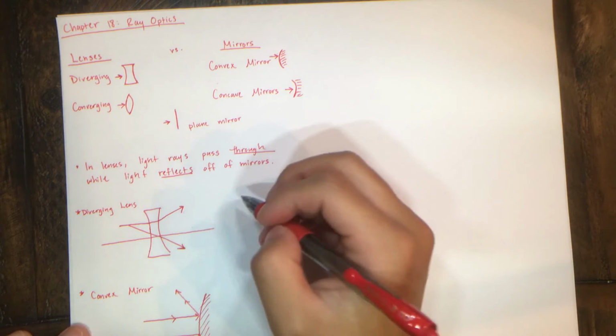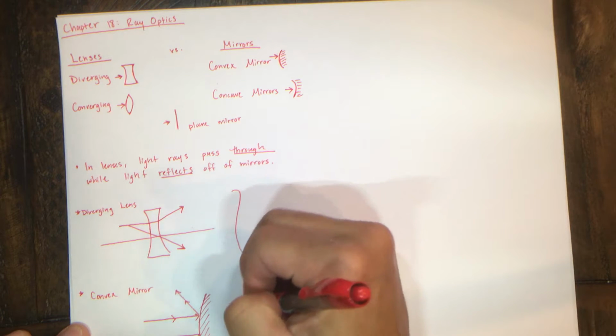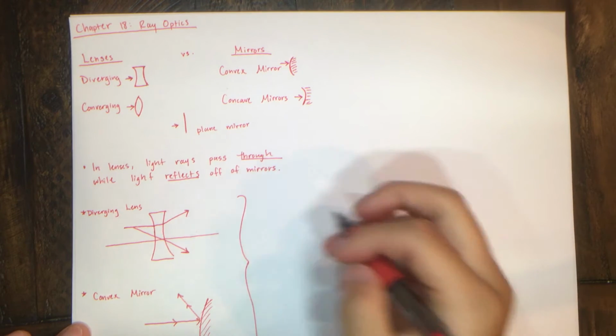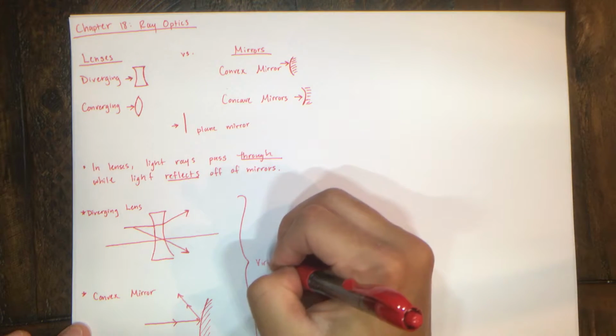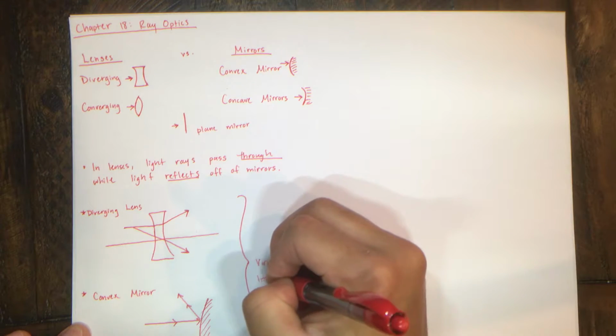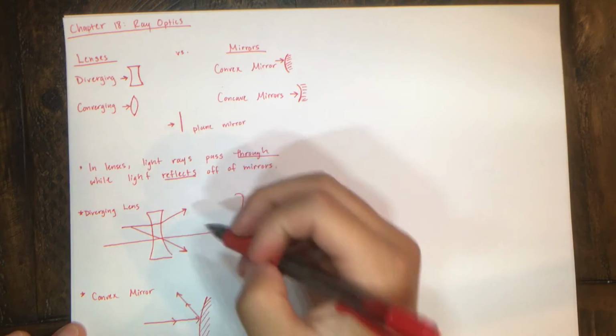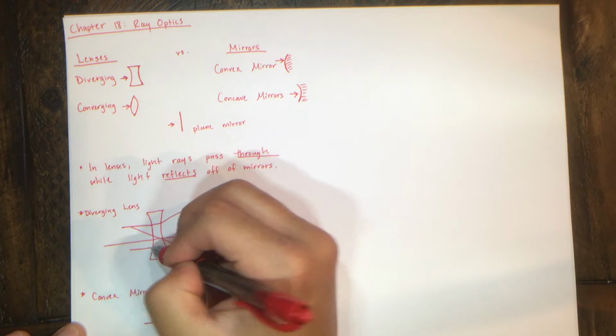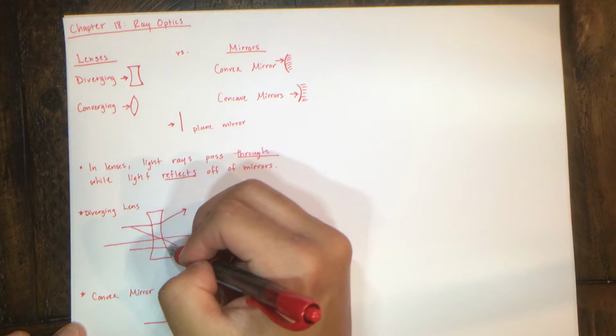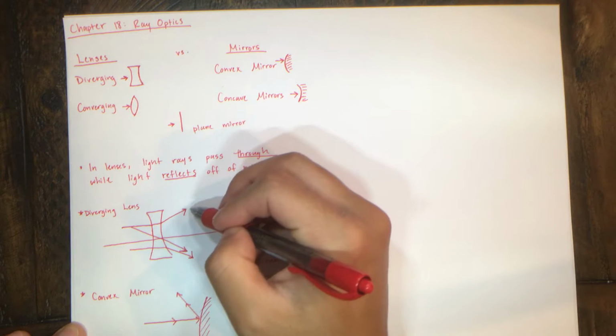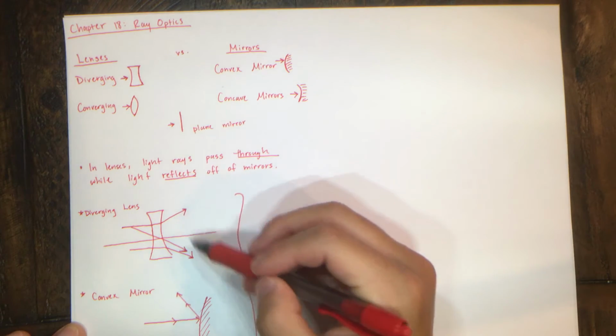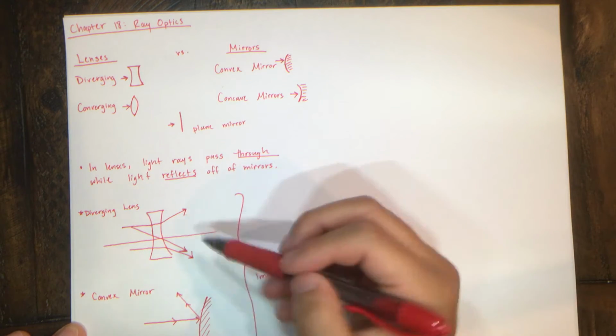The reason why these are considered the same is because they both produce virtual images. We can see that because if we have multiple of these light rays coming through here, these two rays right here will never intersect on a normal plane.